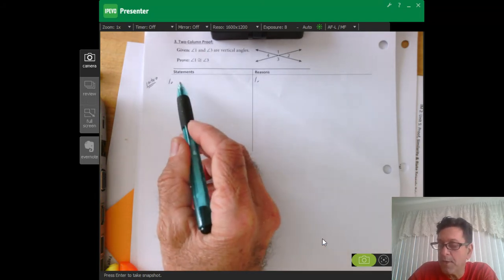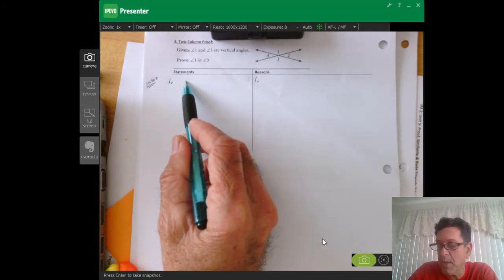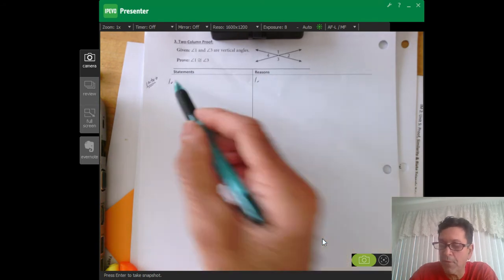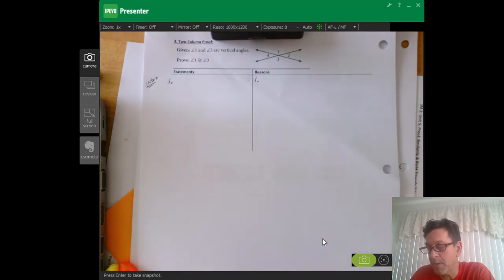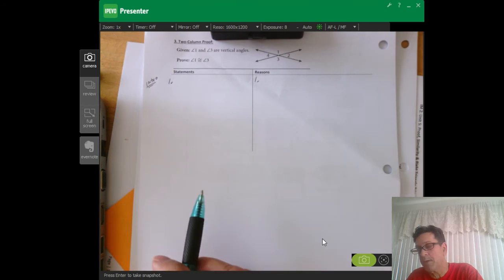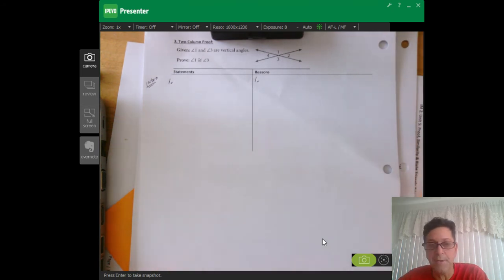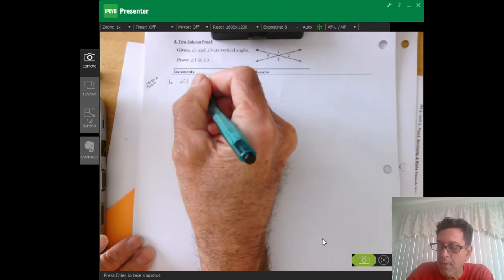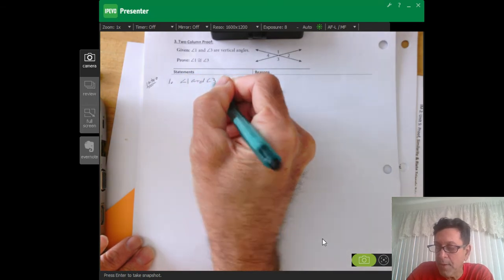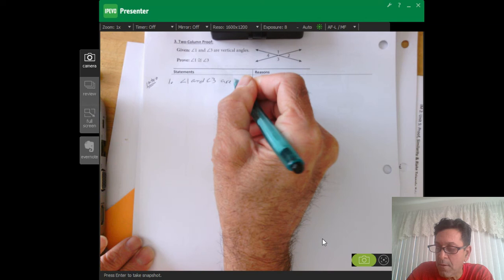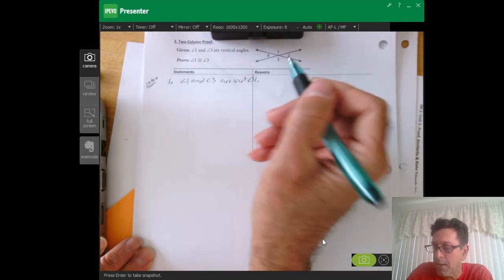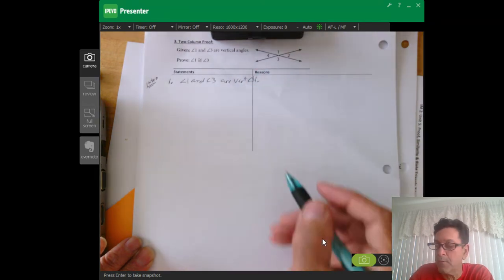So for everything you say, every statement you make, you need a corresponding reason that backs it up. You can't just say something and assume everybody else knows why. You have to tell everybody why for every little detail. So the first one is angle 1 and angle 3 are vertical angles, and I'm kind of running out of space there, but hopefully you can still see that.